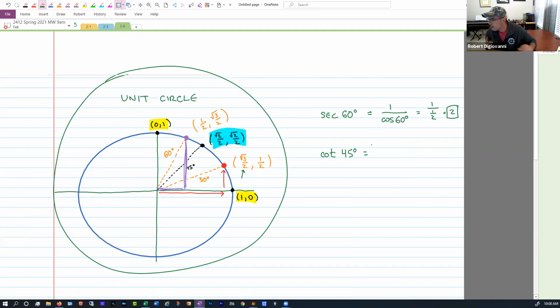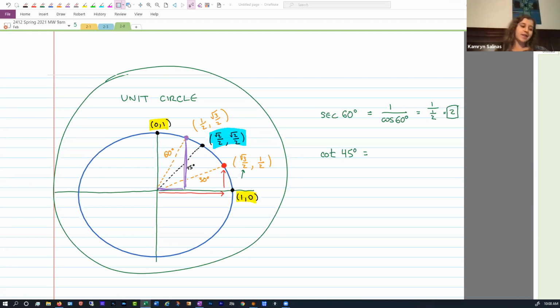And let's go with Cameron. What do you got? Well, since cotangent's inverse is tangent and tangent is sine over cosine, wouldn't you just take sine of 45 divided by the cosine of 45?